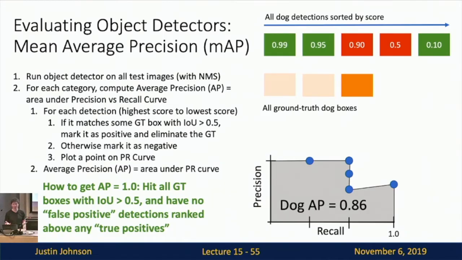You might be wondering why we use this complicated AP metric for evaluating object detectors. That's because for different applications, you might want different trade-offs between how many objects you hit and how many objects you miss. For some applications, like self-driving cars, it's really important that you not miss any cars around you.